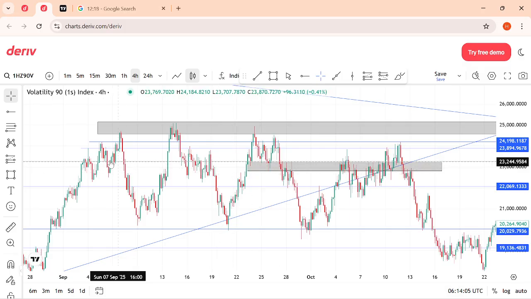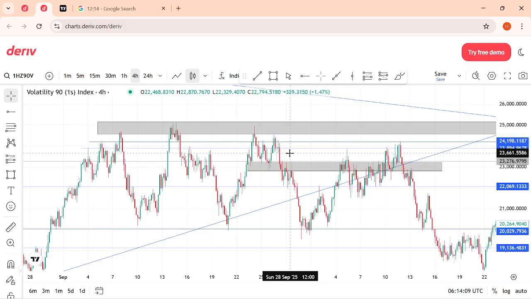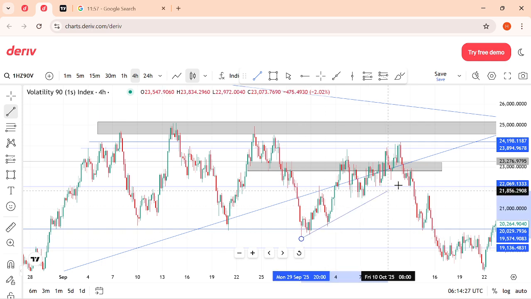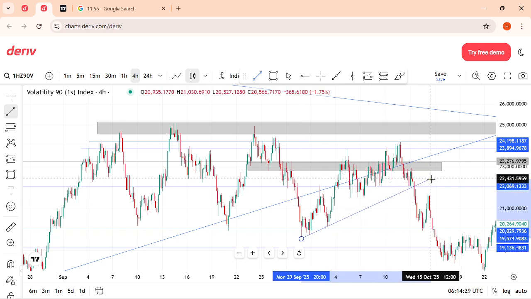Now, when you see these resistance points here and here, there are two significant levels which we can see. Price tried getting into this point and rejected. It didn't reject fully, it didn't drop fully, and it tried pushing back up into these zones again before making its major move to the downside. Now, if you come to this point, there is also a trend line you can plot. You get.